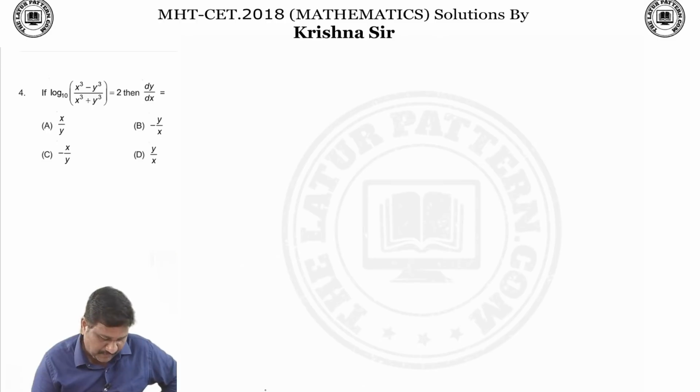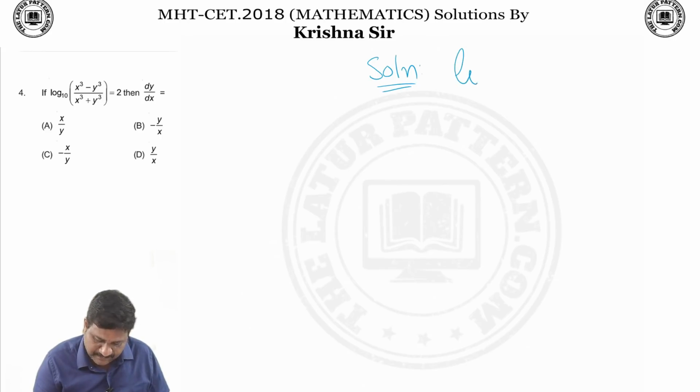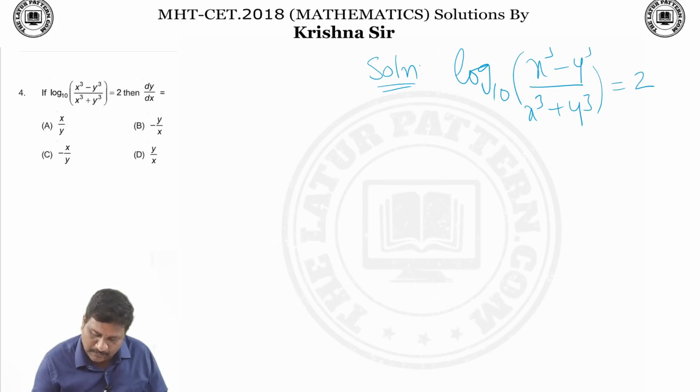The solution of question number 4. The given problem is log to the base 10 of (x cube minus y cube upon x cube plus y cube) is equal to 2. Now we find its derivative, dy by dx.